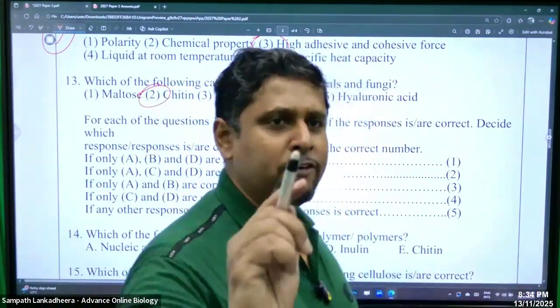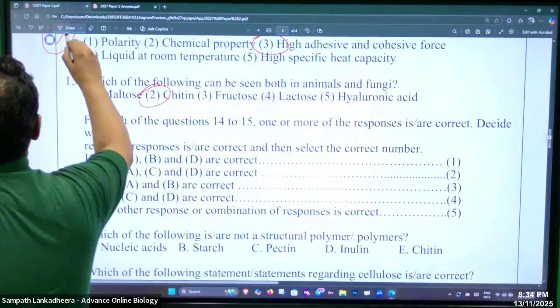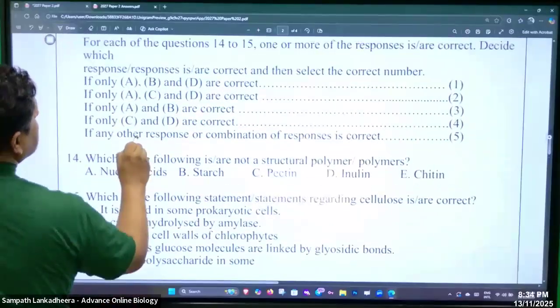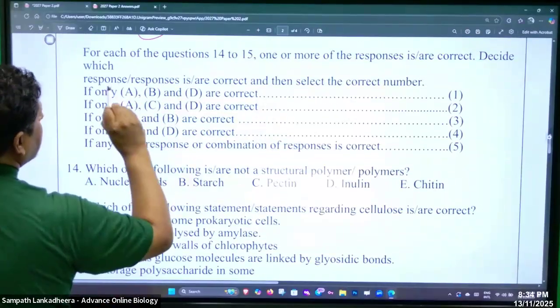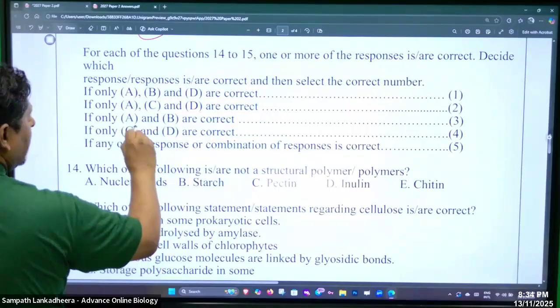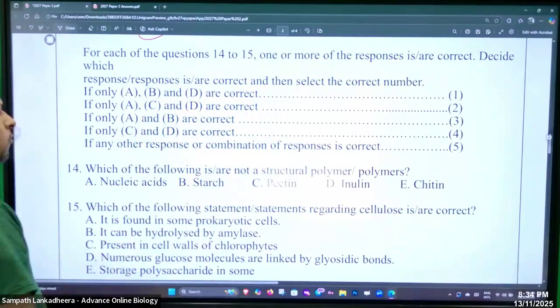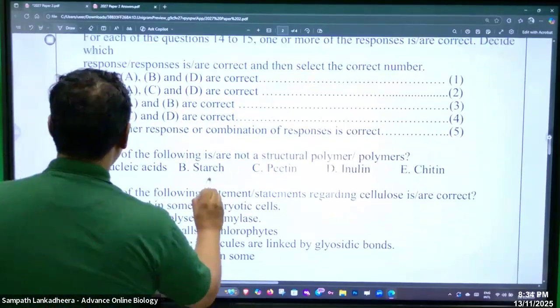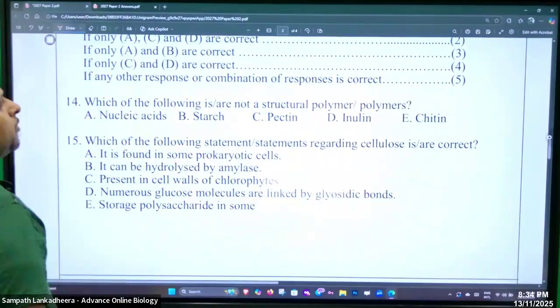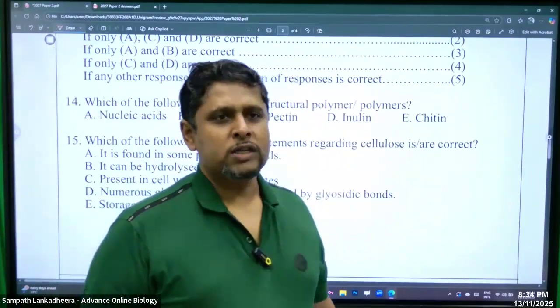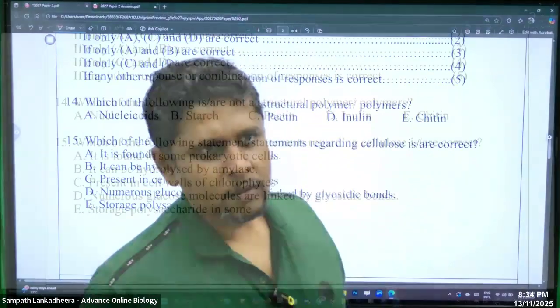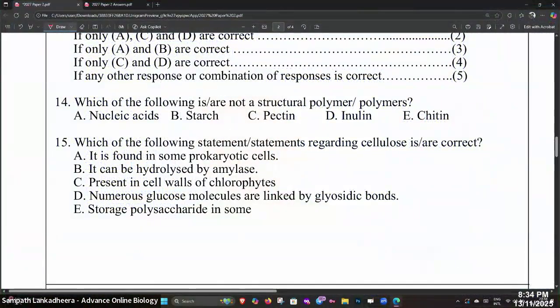Question number 14 and 15 are based on these combinations. A, B, D is the first; A, C, D second; A, B third; C, D fourth; and then any other combination. Question number 14: which of the following are not structural polymers?